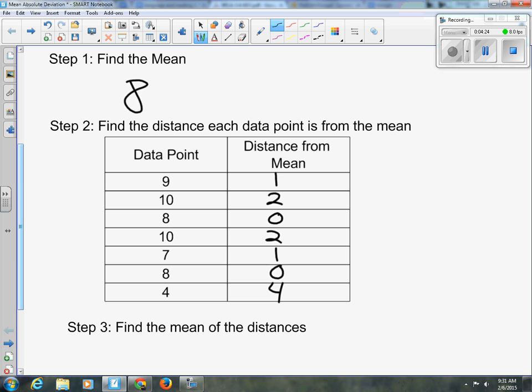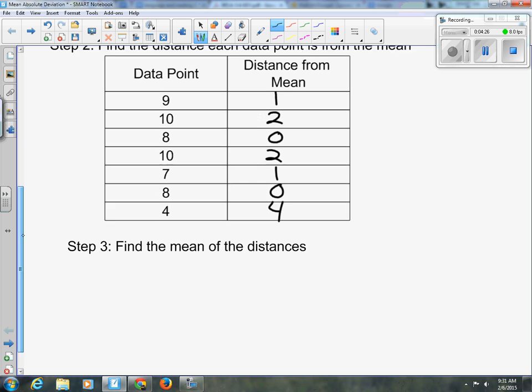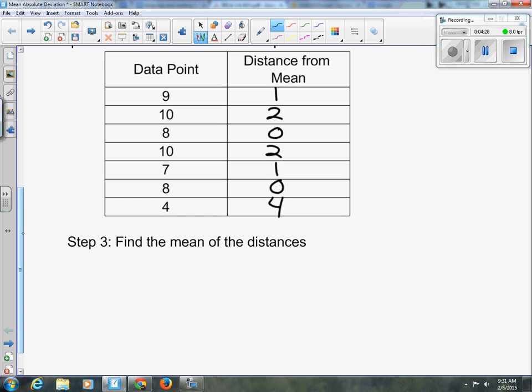Step number 3. Find the mean of the distances. So now we have to use all of these numbers and find the mean of those numbers.